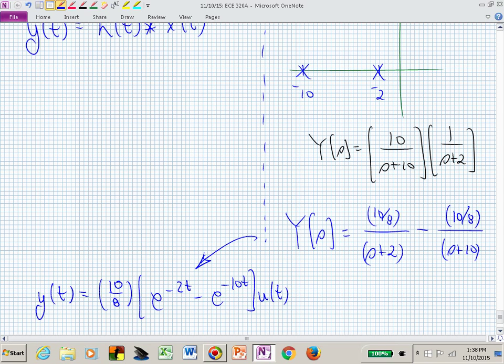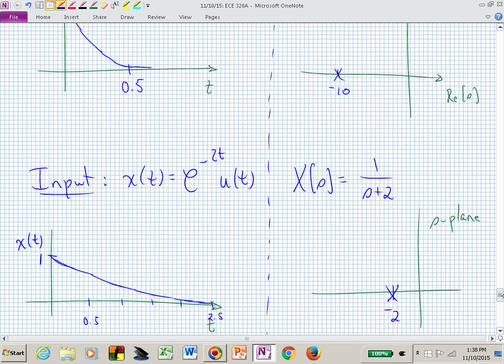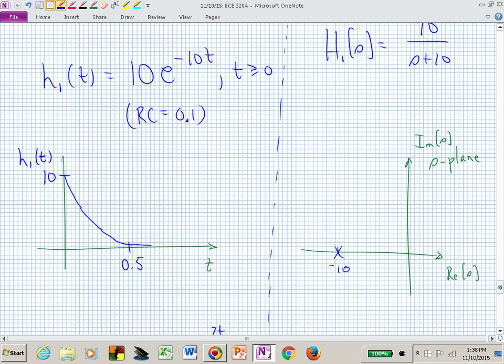Does everybody see that? You now have a low-pass filter, and you've excited that low-pass filter with a decaying exponential. The filter was, in terms of its speed of response, was it faster or slower to respond than the input that you applied to it? The filter had an impulse response that looked like this.